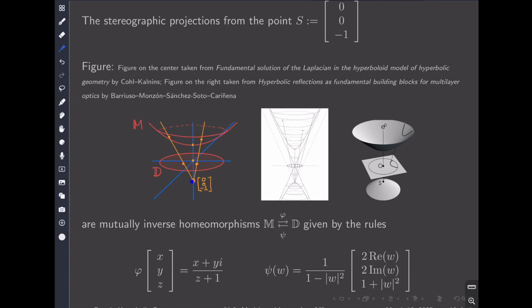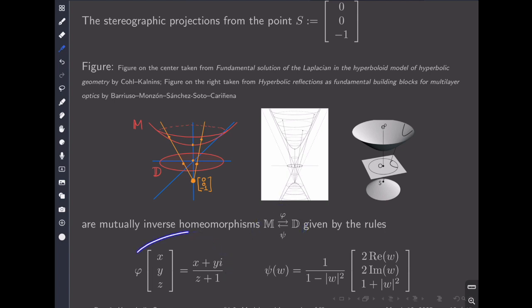And you can even think that it's the south pole lying on the other sheet. Anyway, I do the same that I did between C bar and the unit sphere, but now I do it only between the unit disk and the hyperboloid. And it turns out that they define mutually inverse homeomorphisms.